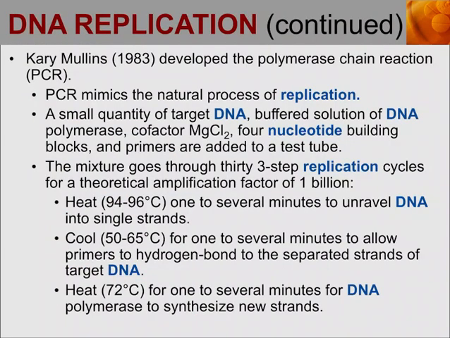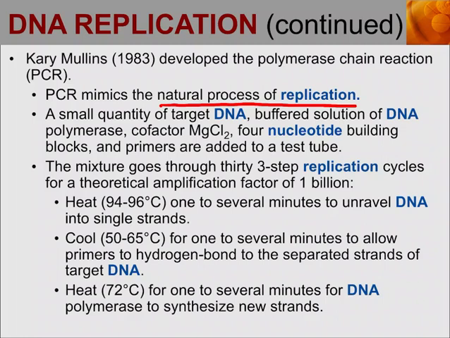Now, this process became very important as well in areas such as forensics. There was a scientist, Kary Mullis, who developed something called PCR, or polymerase chain reaction, in the 80s. PCR is a process that mimics the natural process of replication.